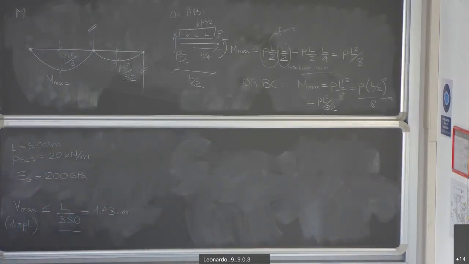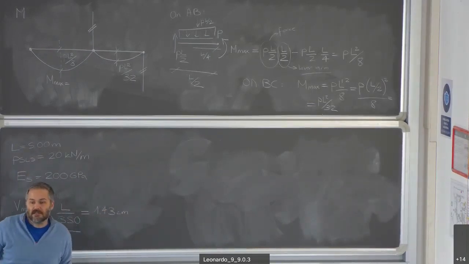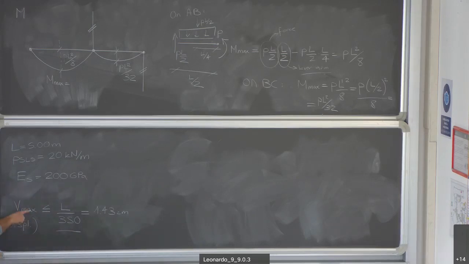Okay, just to give you a number. How do I get to this? This is 5 meters, so 500 centimeters, divided by 350 gives you 1.43. Okay?